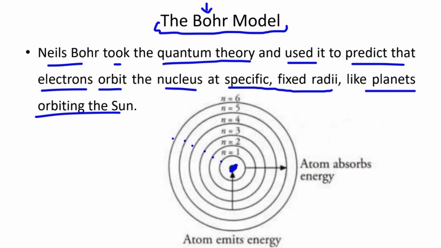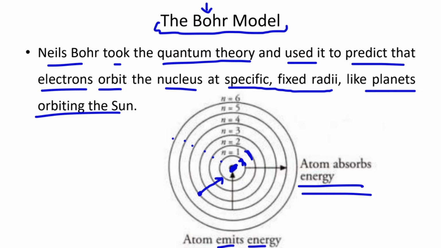So in order to move one electron from one orbit to a higher one, the atom needs to absorb energy. And in order to move an electron from a higher level to a lower level, the atom will emit energy.